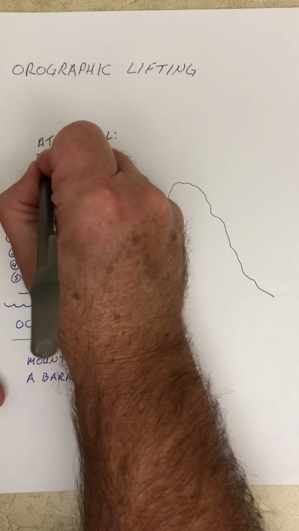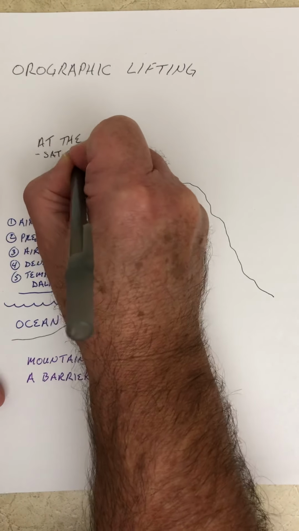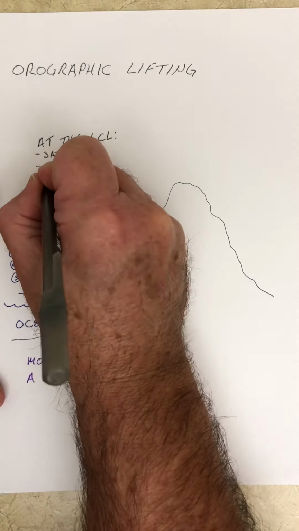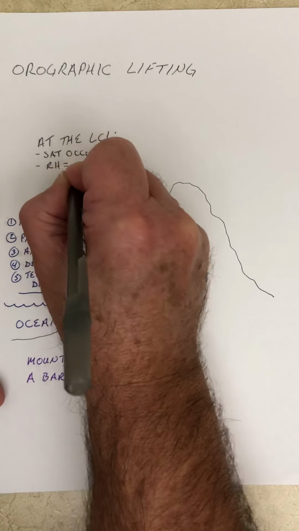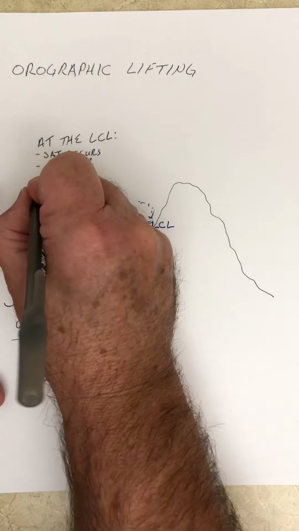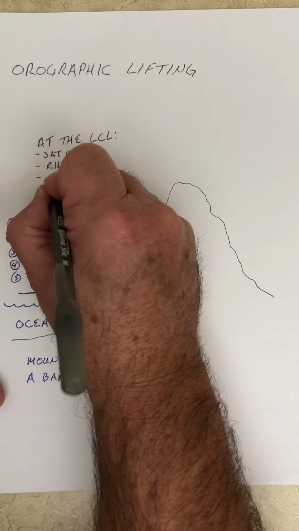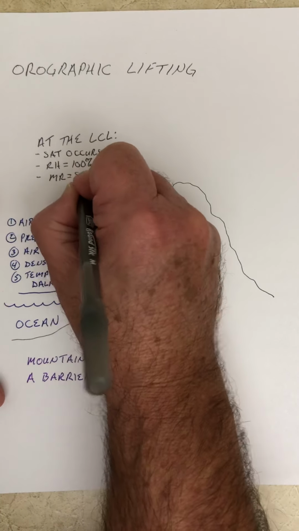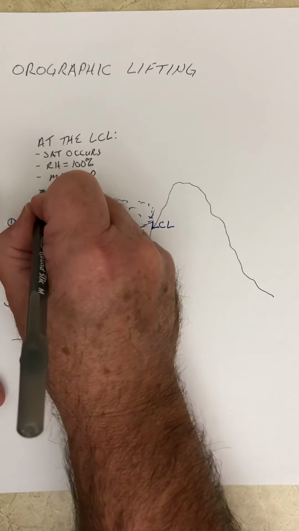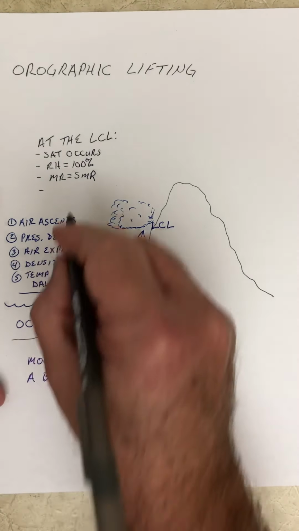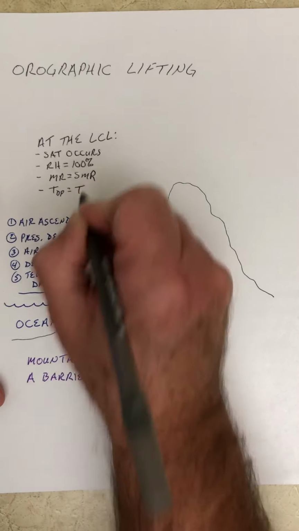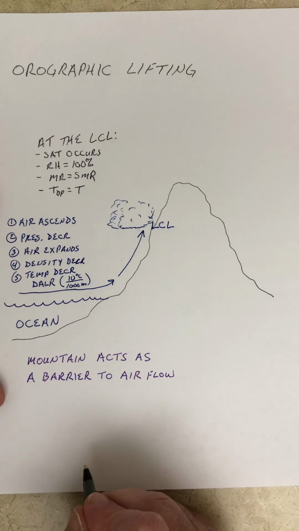So that's where saturation occurs. If saturation occurs, that means the relative humidity is 100%. If the relative humidity is 100%, that means that the mixing ratio equals the saturation mixing ratio. If the mixing ratio equals the saturation mixing ratio, then the dew point temperature equals the air temperature.